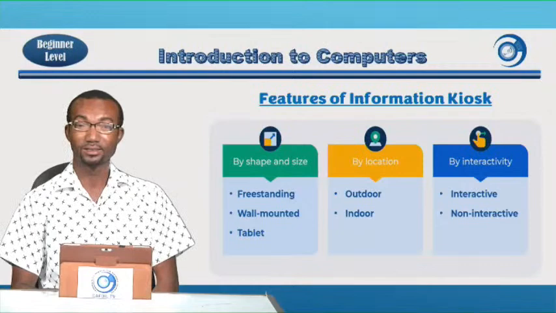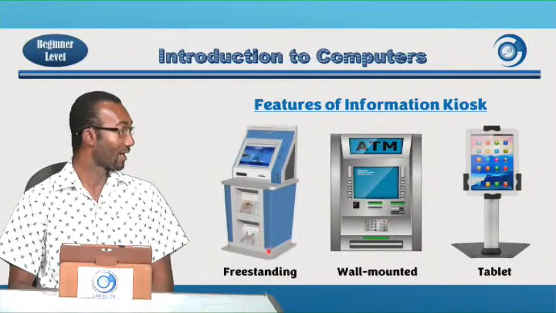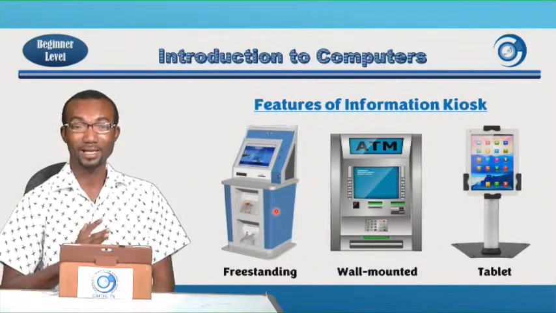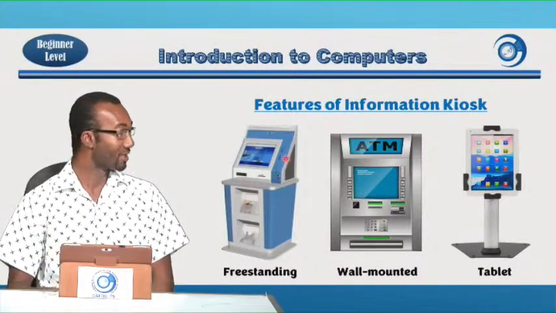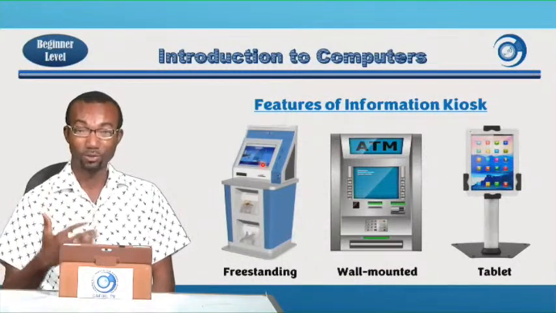Let's look at the images of these examples. Freestanding means that this kind of computer can freely stand on its own. It is not attached to anything. It can stand on its own and then operate.